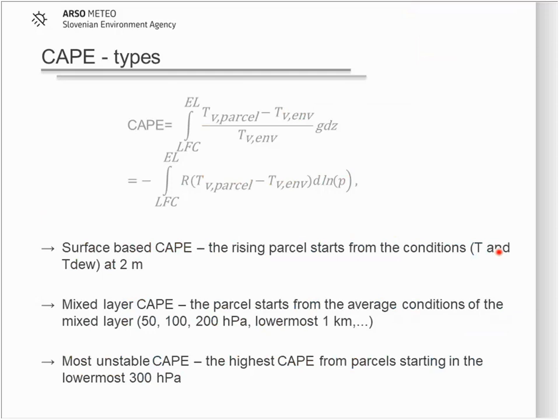We can start the parcels from the mixed layer conditions, which is the average conditions of the mixed layer, which can also be very different at different centers. And the most unstable CAPE is simply the highest CAPE from different parcels in a layer of different depths.